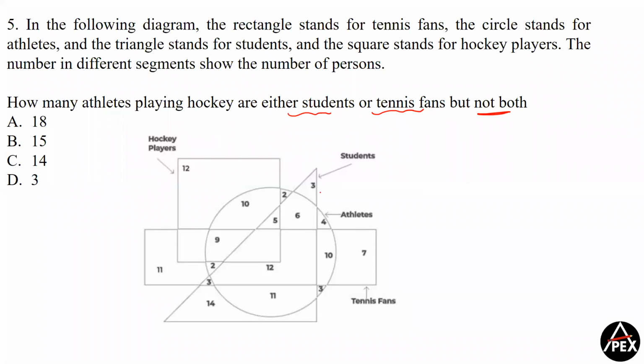So this is hockey and this is students. So we have this 5. Hockey and tennis fans, this is hockey and tennis fans. So you have 9.